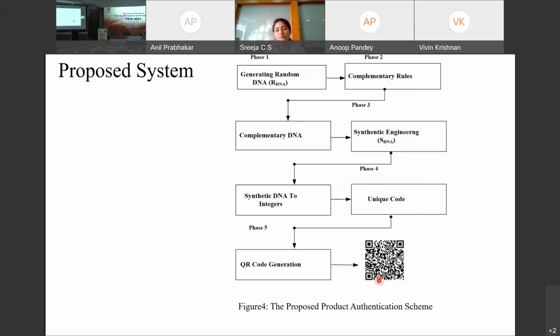This unique code will be with them. So as a user, it ensures usability for me, plus it also ensures the authenticity of the product. The product is genuine because it has been checked from the database, and the server has verified that this data is already present there. So this is the proposed system for drugs, or any product we can consider.